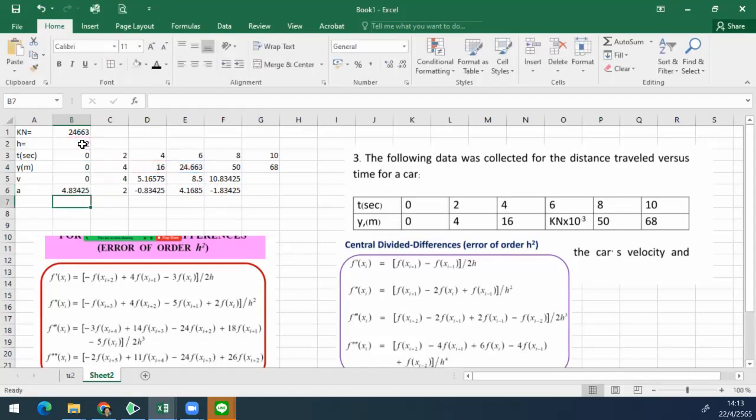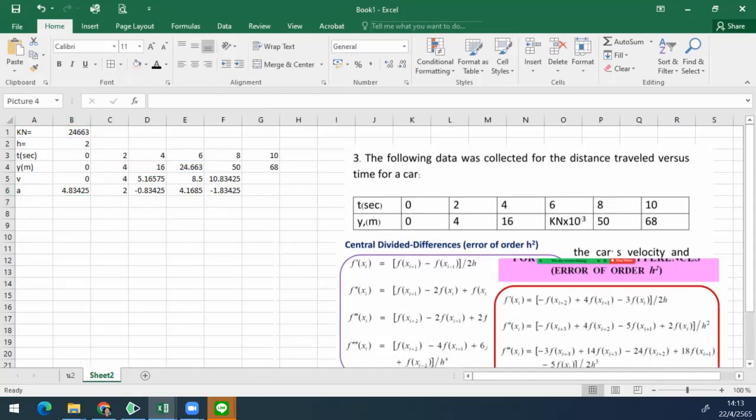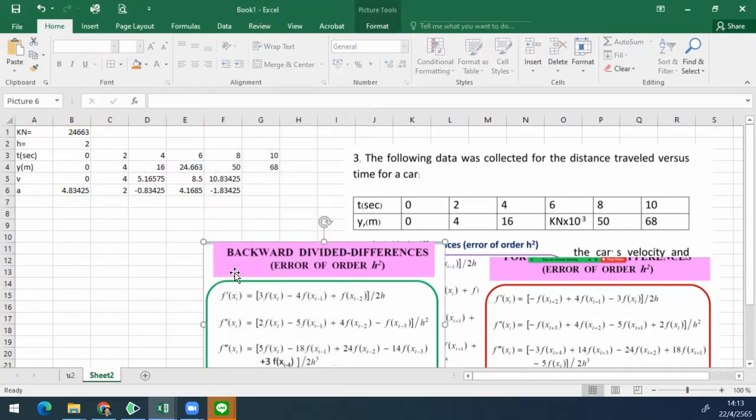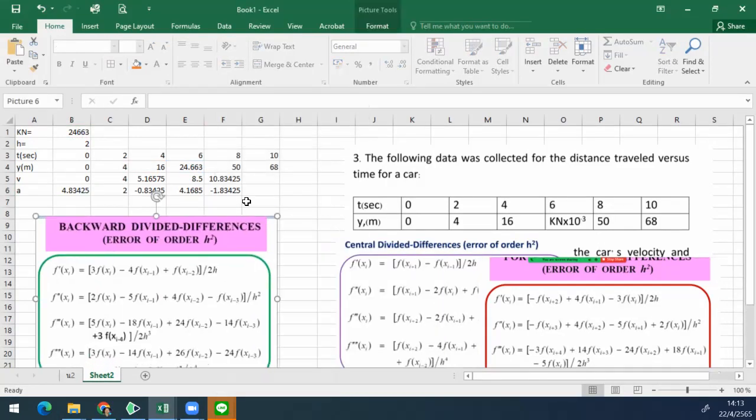This is the forward difference for the first data. Then for the final data, we have only backward data, so we have to use backward difference.